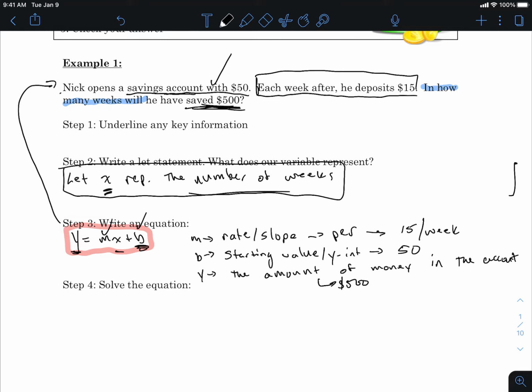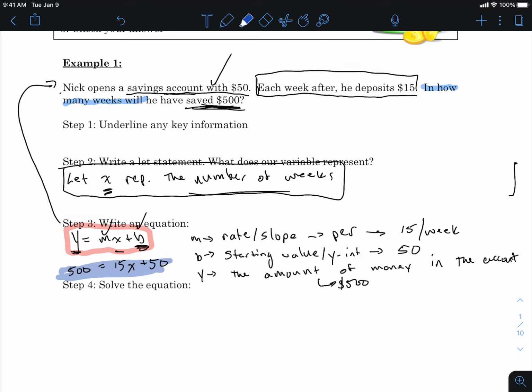So if you rewrote the equation that's in the red box, you'd say 500, because that's what we said y was equal to, m was 15, x is what we're trying to find out, and then b is the 50. Okay, so now this is the part where we were solving, right?